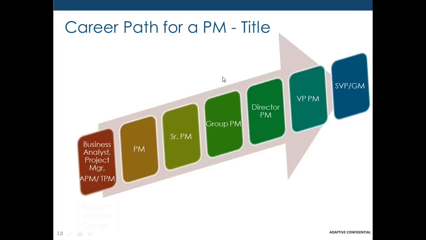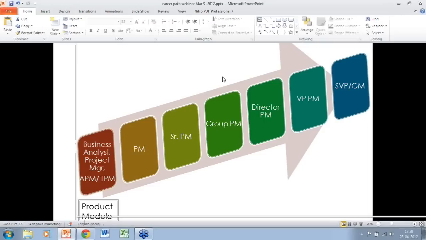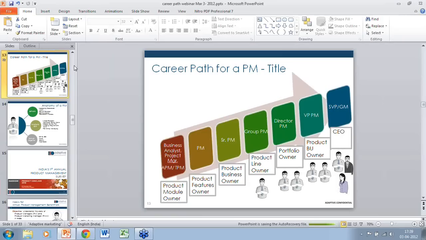Now, if you look at the functional difference across these roles, in the first bucket, the business analyst bucket, the project management bucket, PPM bucket, you are essentially owning a module of the product, right? And when I say a module of the product, if I go back to the framework, the productizing process, it is one of these modules that we mean, right?